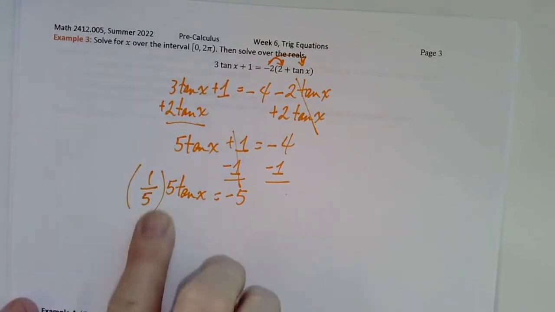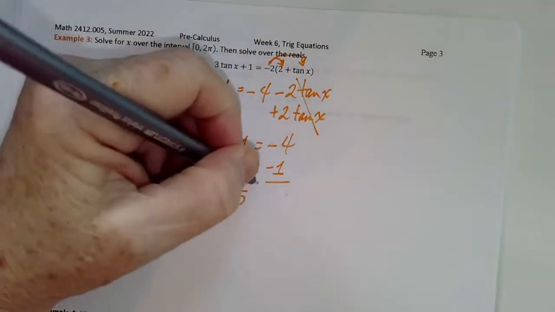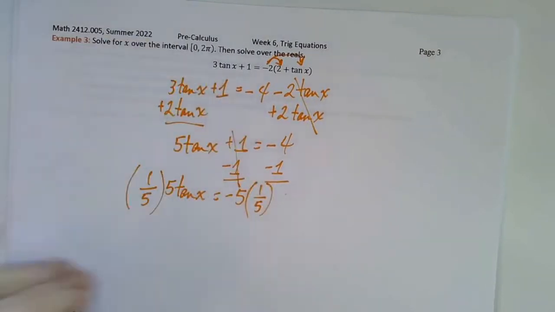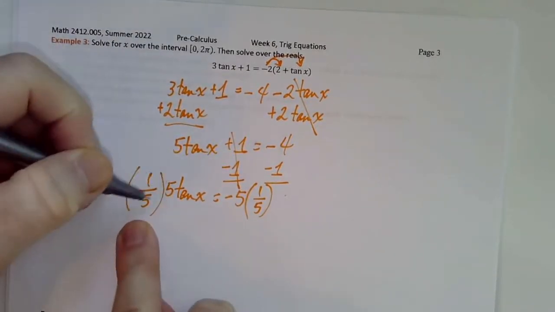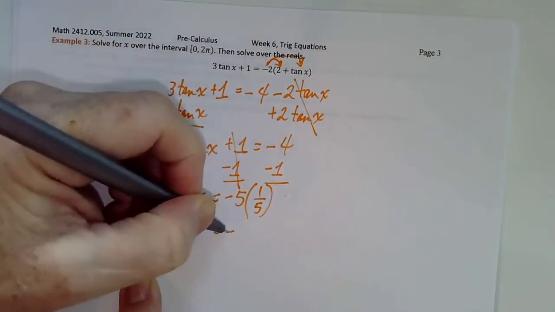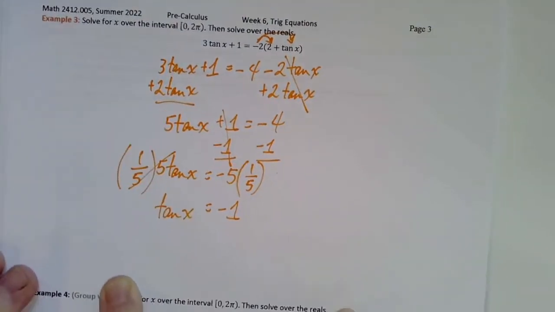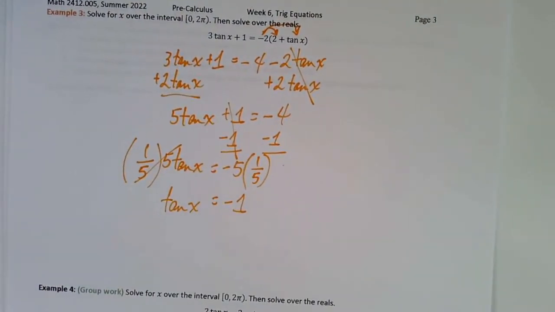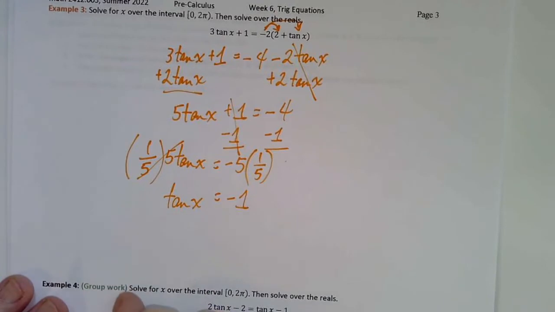So instead of thinking of it as dividing by 5, I'm multiplying by 1 over 5. It's the same end result, but multiplying is loads easier than dividing. Here we have 5 over 5, those cancel. Here we have negative 5 over 5, that's negative 1. So we get tangent x equals negative 1. So let's think. On the unit circle, first of all, where is the tangent function negative? Which quadrants?